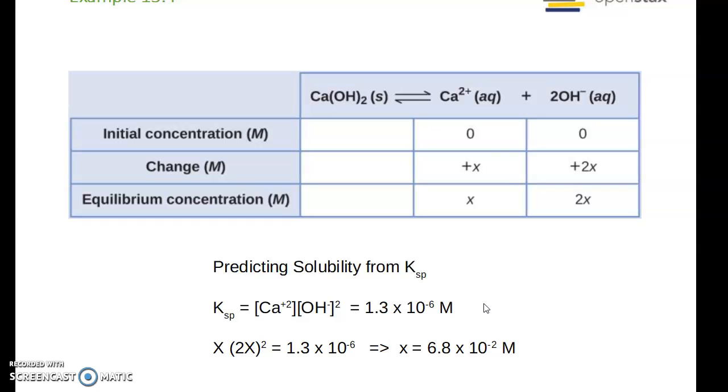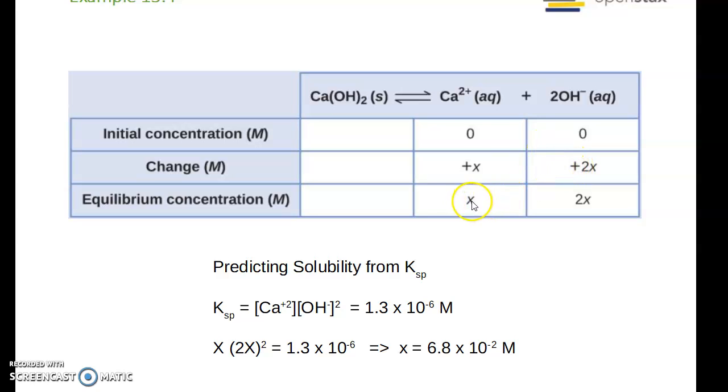Just to show you how that works for something else, here you have calcium hydroxide, and when this solid is dissolved, it forms one calcium ion, but you notice it forms 2 of the hydroxides for each one of these. So for every one here, you're going to get 2 of those here, aren't you?